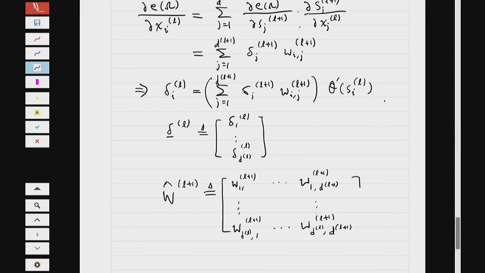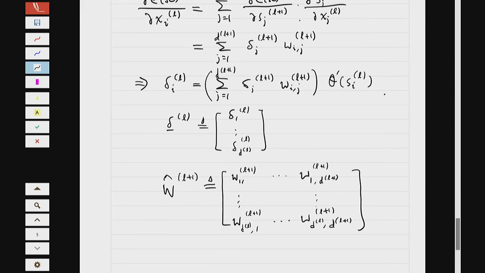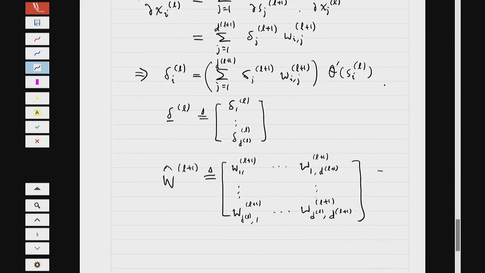The pattern should be quite clear. And as I said, this is the same as the W of L plus 1 that we had before, except that we don't have the bias weights. So nothing mysterious about this new W hat.